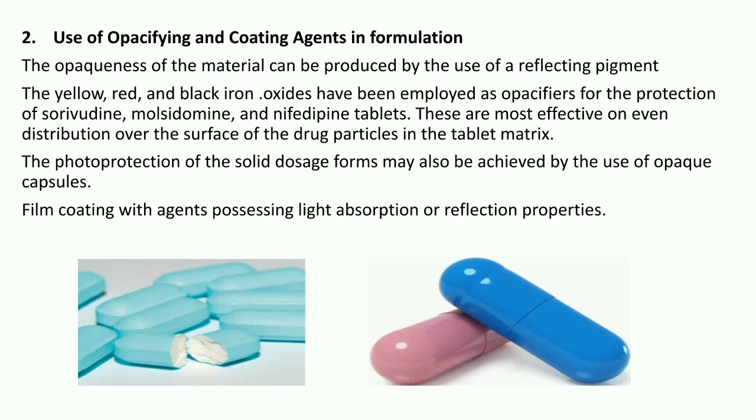These are most effective on even distribution over the surface of the drug particle in the tablet matrix. Another method of photostabilization of tablet formulations involve film coating with opacifying agent. Photoprotection of solid dosage form may also be achieved by the use of opaque capsules.